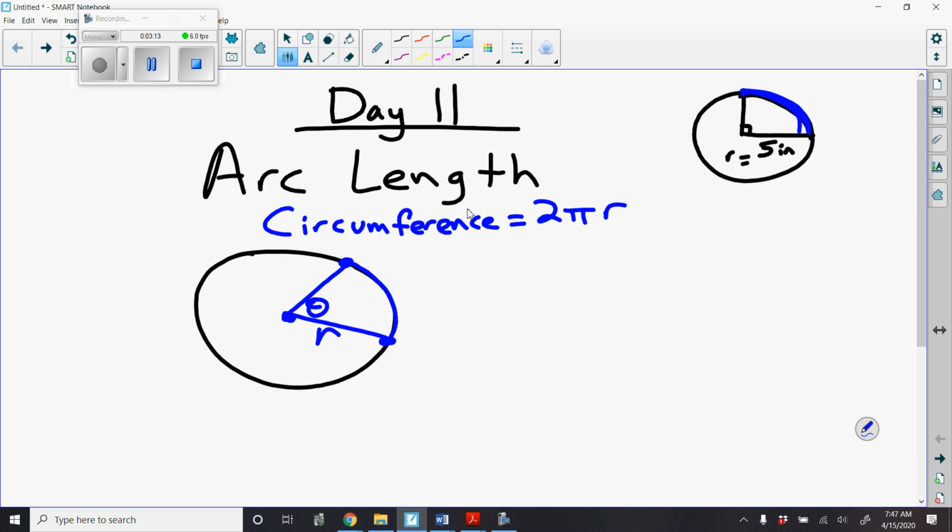Well, again, think about, what would the circumference of that whole circle be? Well, if we're following 2 pi r, then it'd be 2 times pi times 5, which would be 10 pi.